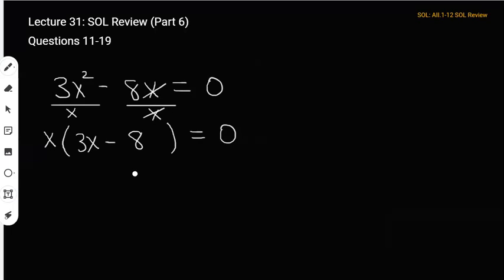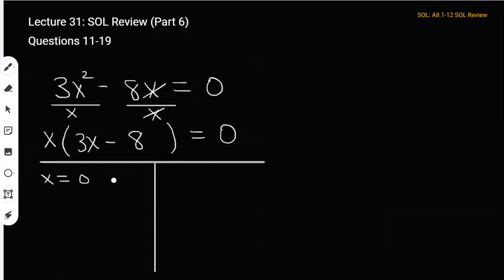So now that's going to give me two different equations. I'm going to have x is equal to 0. That one's already solved for me. The next equation that I'm going to get is 3x minus 8 equals 0, because I can set both factors equal to 0.